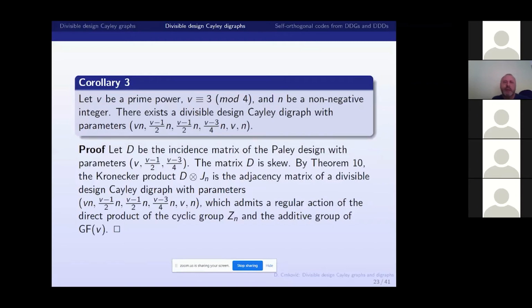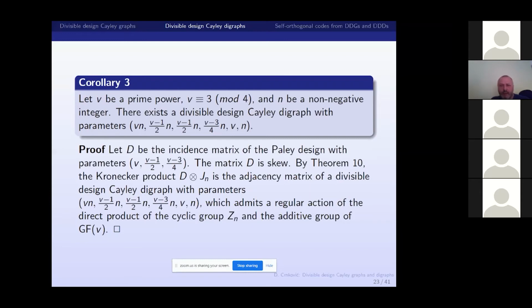Examples are Cayley designs, and we know that a Cayley design exists for every prime power which is congruent to 3 modulo 4. So if we take any v which is a prime power congruent to 3 modulo 4, and if n is a non-negative integer, then there exists a divisible design Cayley digraph with these parameters: vn, (v-1)/2 times n, (v-1)/2 times n, (v-3)/4 times n, v, and n.